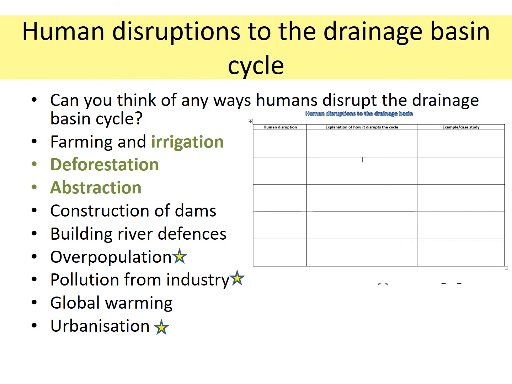So I want you to talk about interception, infiltration, impermeable surfaces, permeable surfaces, that kind of thing, so that you're actually using the processes to explain the impact on the drainage basin cycle. And then hopefully, if you can, do a little bit of research to find a case study example that supports that.